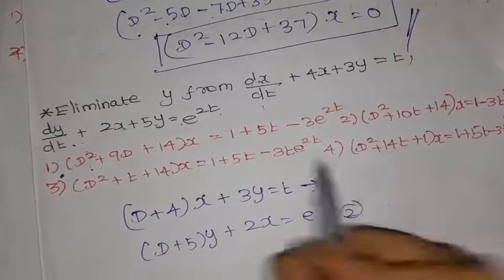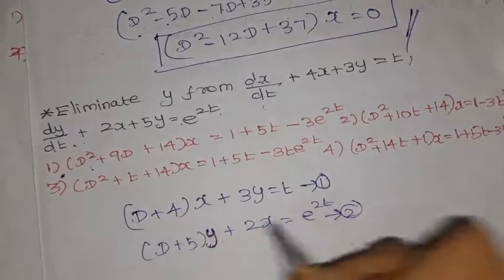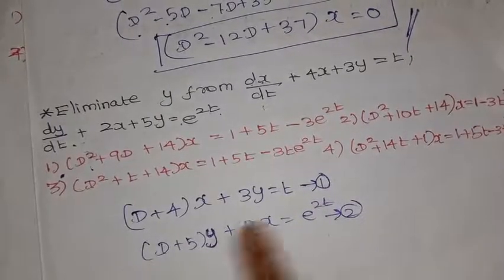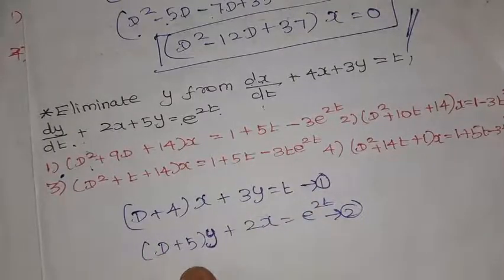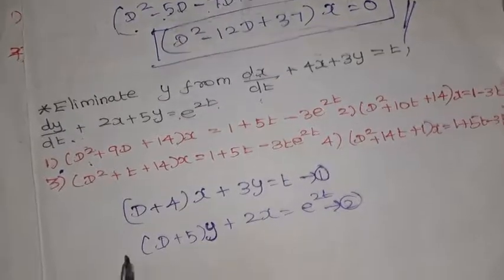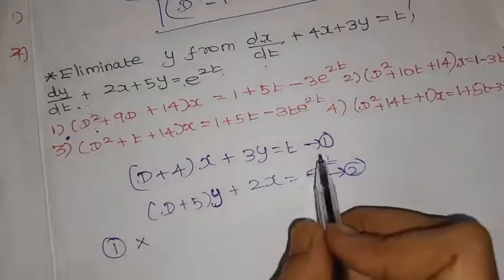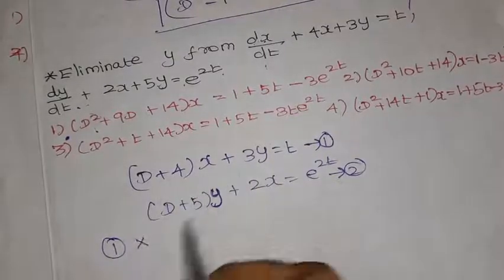Now in these equations we need to eliminate y. So we'll solve this. How to eliminate y? Multiply equation 1 by D plus 5.